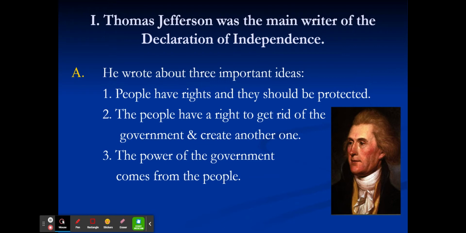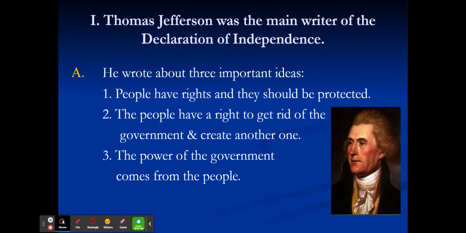That's also going to be very important later as we hear more about the Articles of Confederation. And number three, the power of the government comes from the people, meaning that the people decide how much power the government has, that the government can only do what the people are saying it can do.